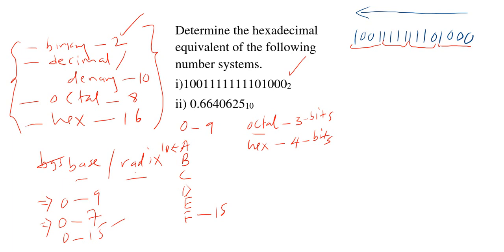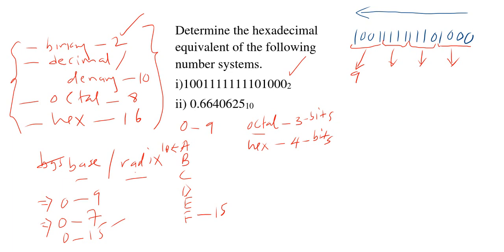After doing that, you write the hexadecimal representation of each group. The first group, which is 1001, when you convert it, you get 9.